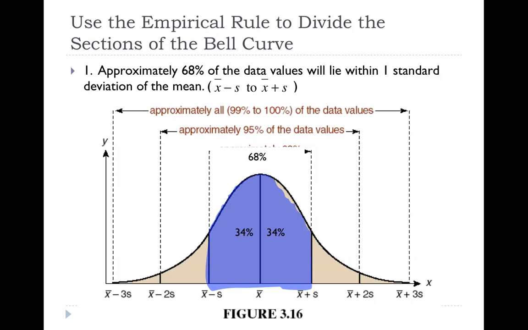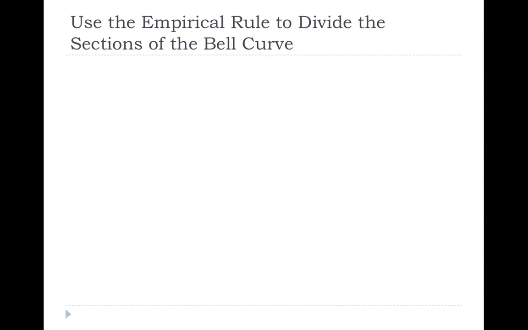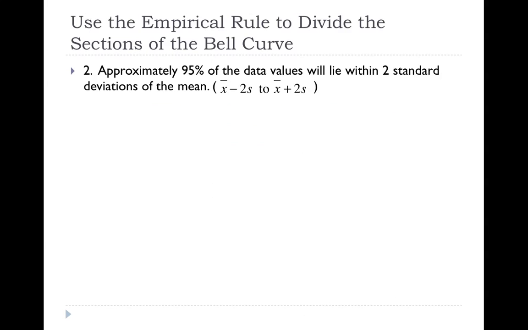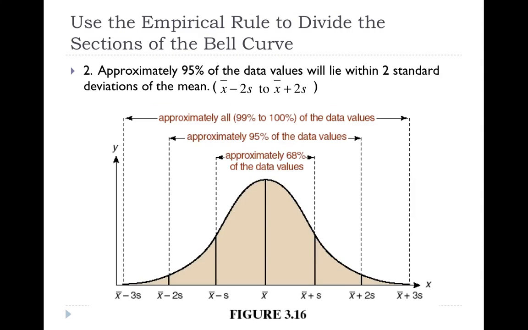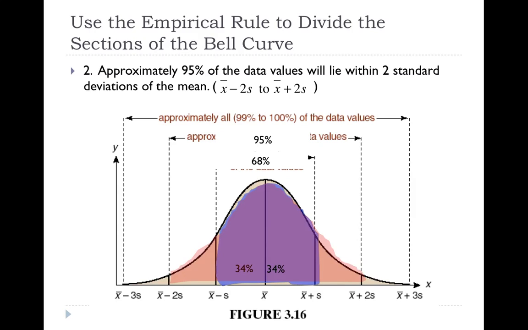So let's take it a little bit further. If we have 95% of the data values lying within 2 standard deviations of the mean, okay, so this represents 95% of the data values. Let's see if we can figure out what piece of area this represents in terms of percentages and what piece of area this represents.